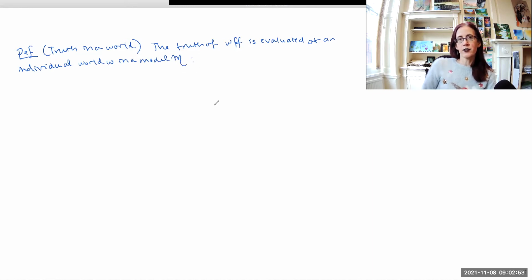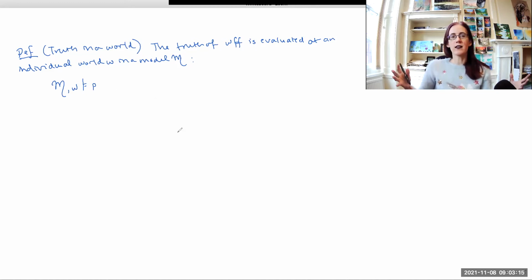And this definition of truth, as I said, is going to be recursive. So we start off by saying, when is an atom true? This is what we write. We say M,W is a model of P, or that P is true at W in M, or M,W ⊨ P if you want to use the LaTeX word for the symbol. Many different ways, but just think of this as being truth at a world.